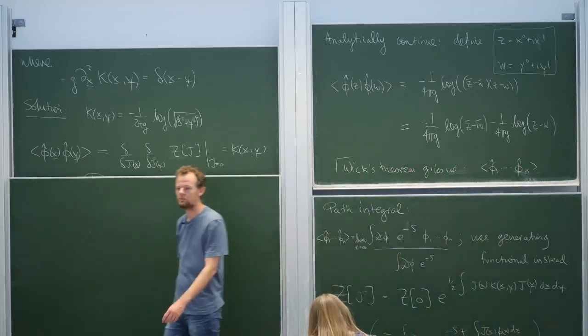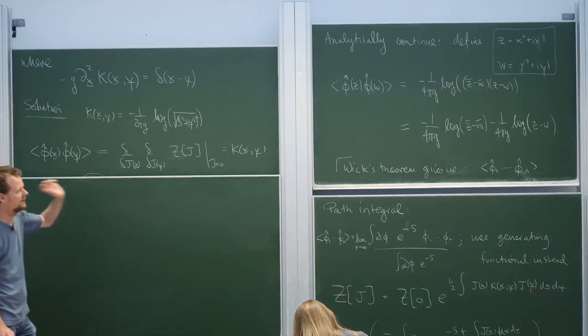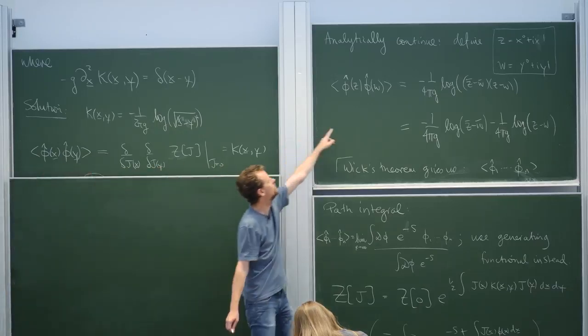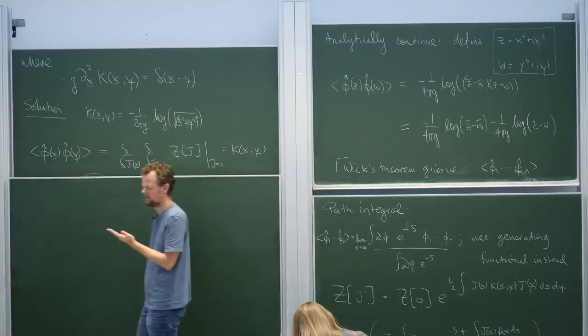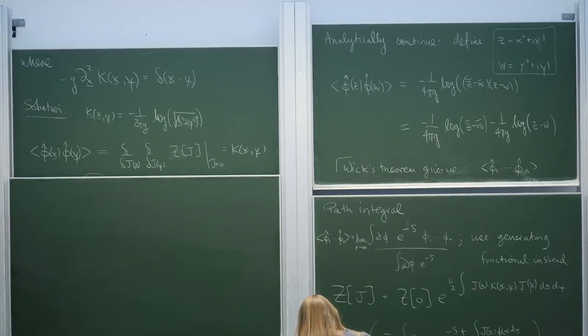So we don't have to work particularly any harder to get higher order correlation functions. We just use Wick's theorem, and that will allow us to express all of them in terms of this two-point function here. Yeah, there's some annoying combinatorics, but that's more or less settled. So now we want to interpret this as a conformal field theory. Is it a conformal field theory? And the answer is actually not obviously.